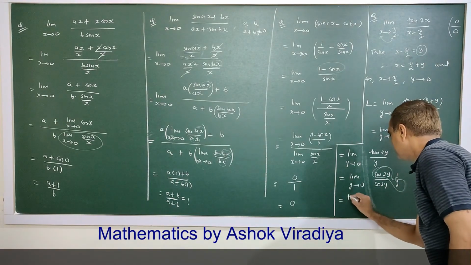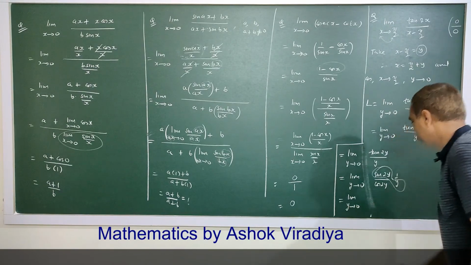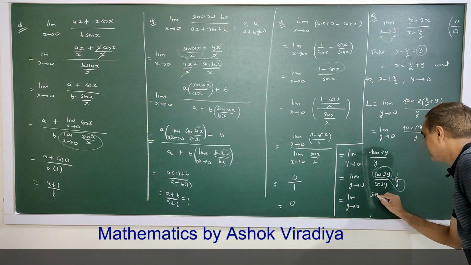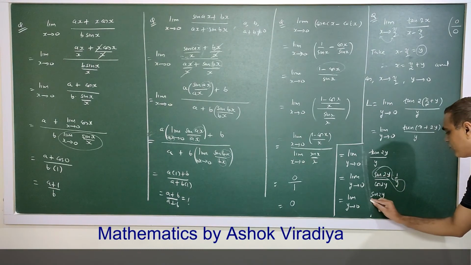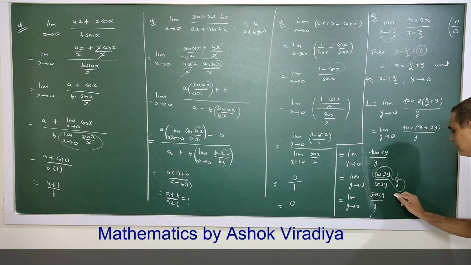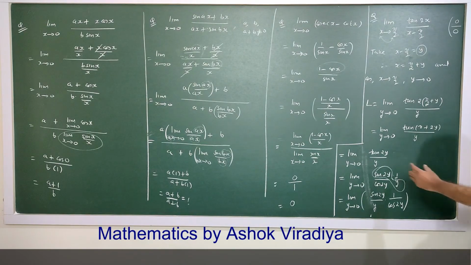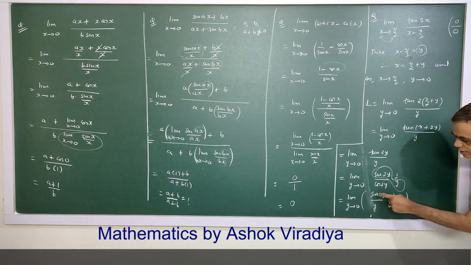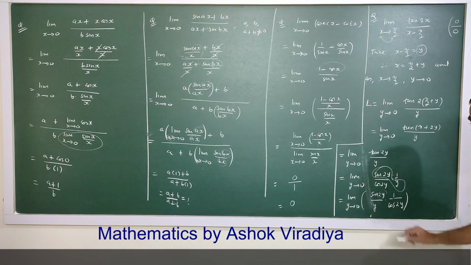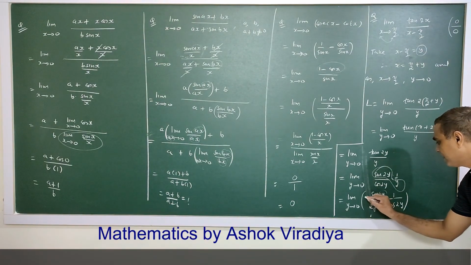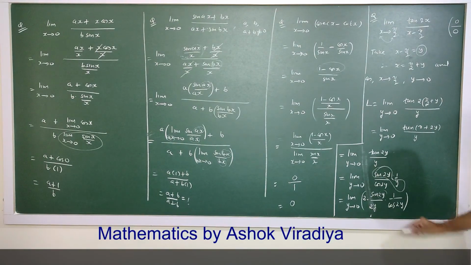So that is limit y tends to 0, sin 2y, below sin 2y I write y, and 1 by cos 2y I am putting inside. Sin 2y by cos 2y, 1 upon y. Now look here, this is 2y. So below sin 2y we need 2y. So here multiply by 2, divide by 2. The limit of this function is 1.